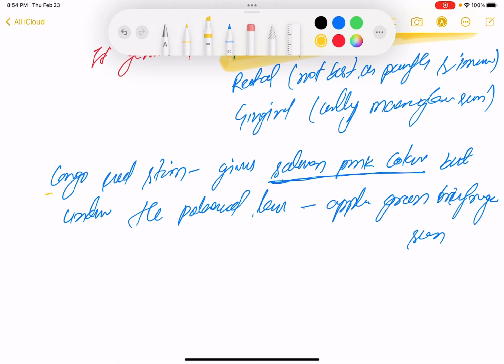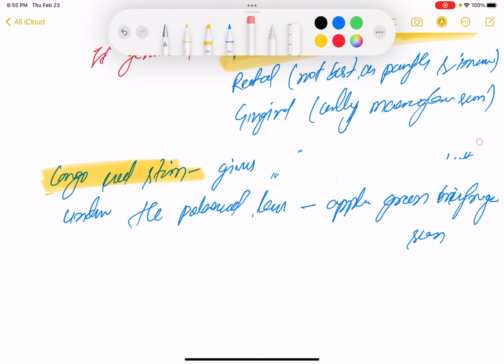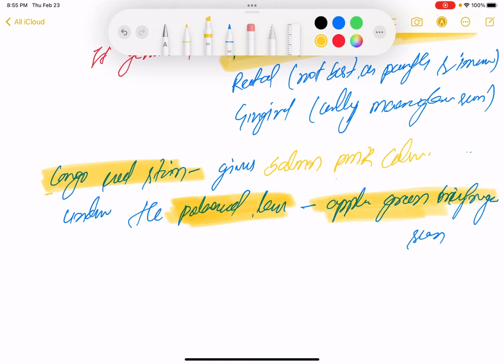In Congo red stain, it will give a salmon pink color. But under the polarized lens, it will look like apple green birefringence. Okay, apple green birefringence.